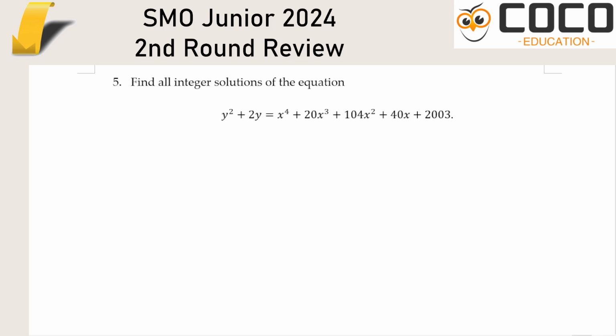First thing, I want to complete the square here, and then I am going to let a equal y plus 1. I'll fill that in later because I want to deal with the right hand side as well.